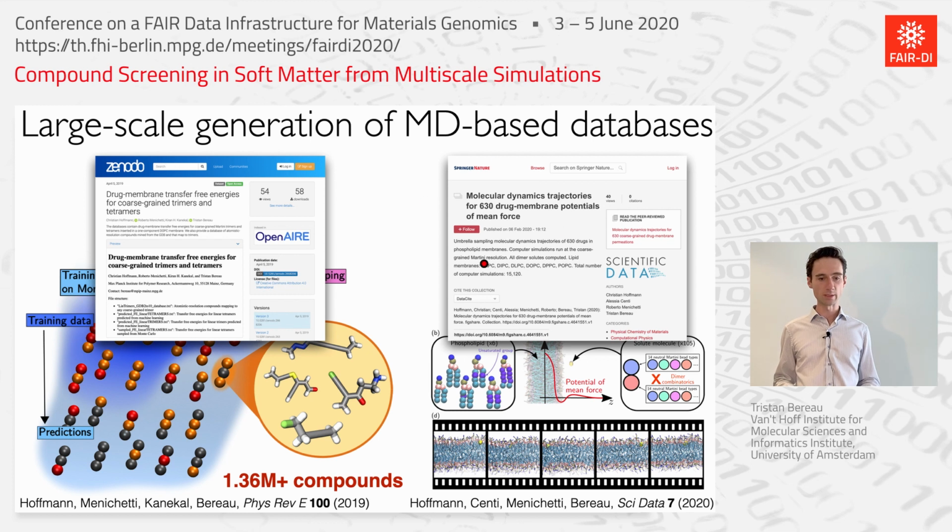The input here is for 600 combinations of drugs and membranes at the coarse grain level. That amounted to about 15,000 molecular dynamics simulations. What's missing is a proper data infrastructure where we provide the metadata and ontology for all these simulations to make them really searchable.